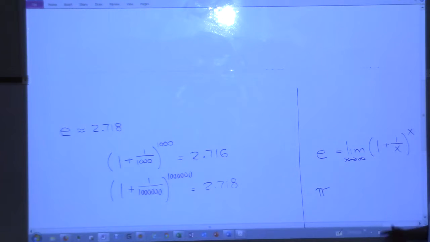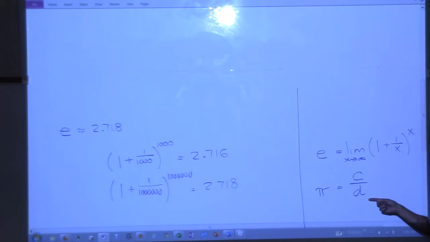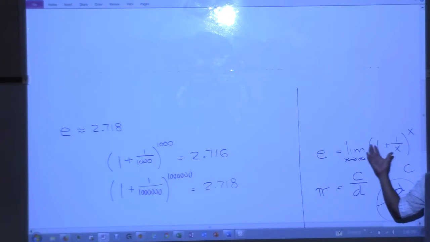But pi has a very simple definition. You don't need a limit to describe what pi is. All you have to do is say it's simply the circumference of a circle divided by its diameter. Give me any circle, measure the circumference, measure the diameter, little d, take the ratio of those two, and you're going to get pi. Very simple definition. Definition of e, not so simple.